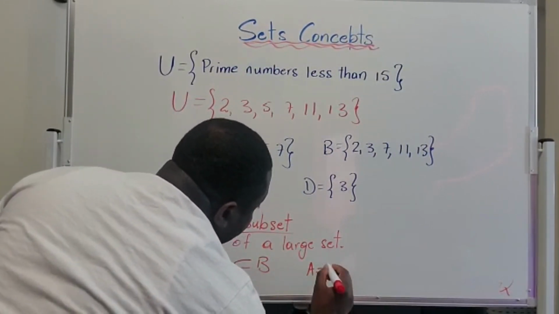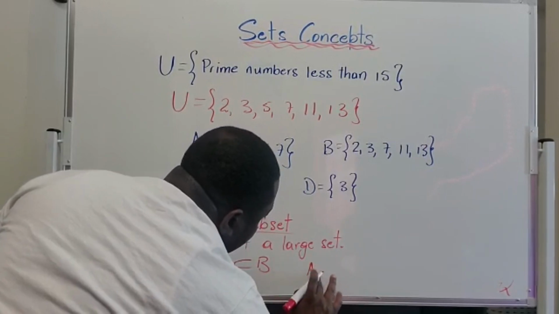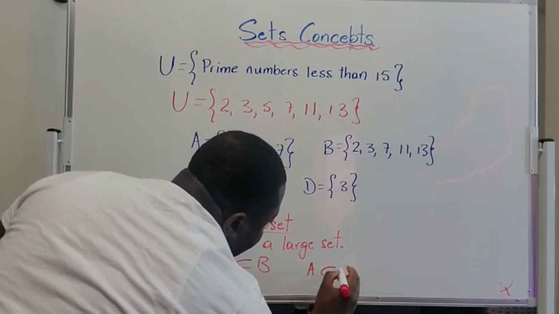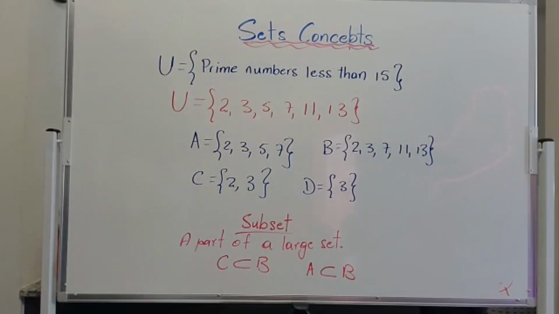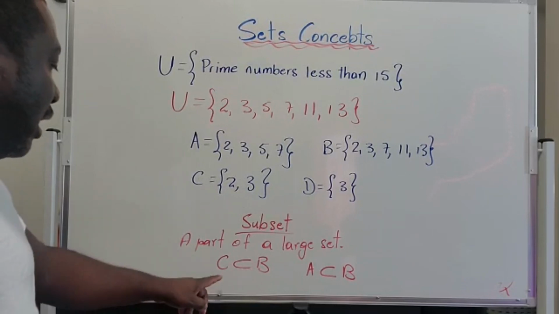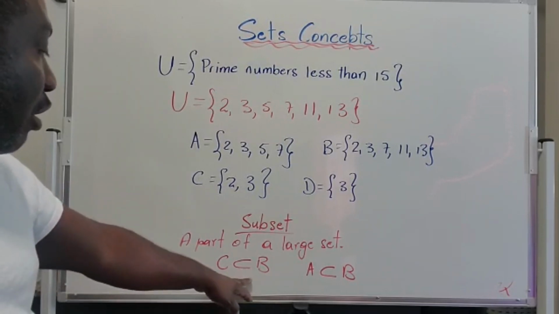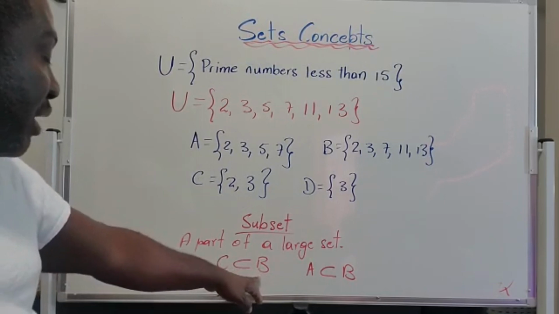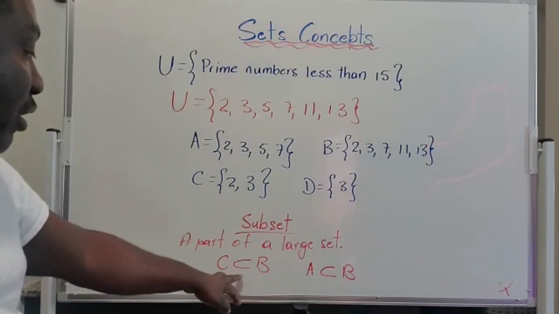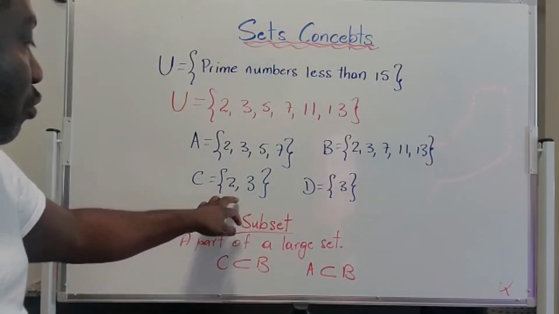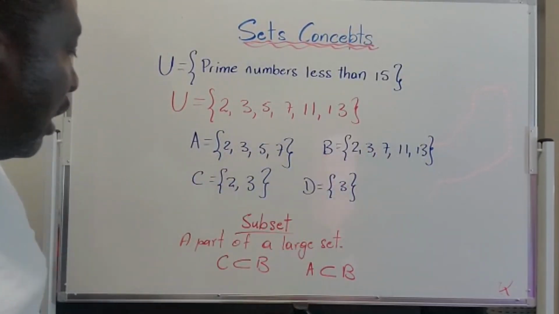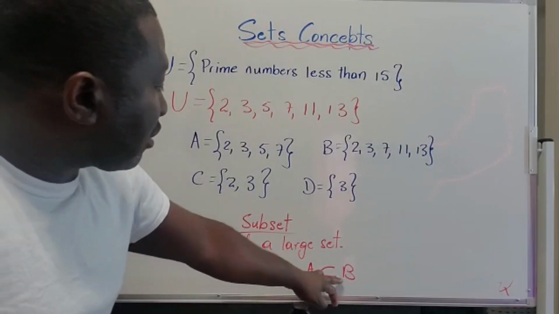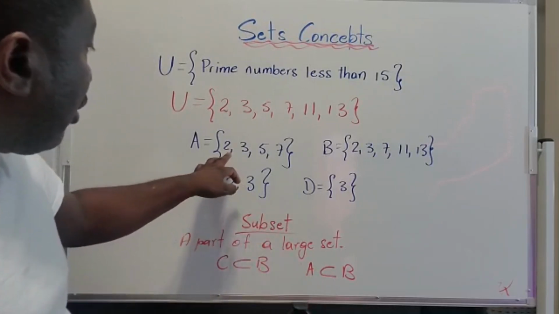set A is a subset of B likewise. So look at the symbols. In other words, what we are saying here, guys, is that the elements in C can also be found in B. And these elements, as we can see, 2 and 3 in C, 2 and 3 likewise in B. Set A is a subset of B, the part of.